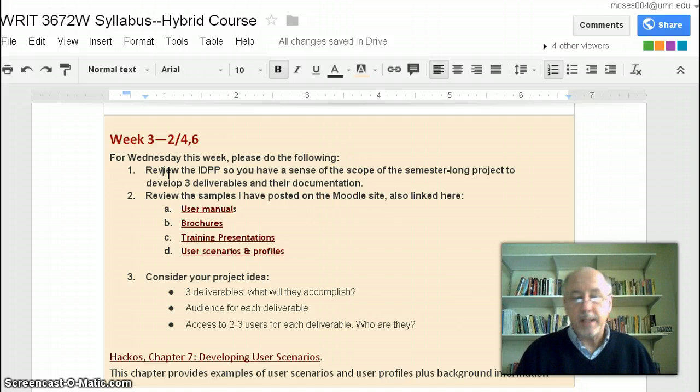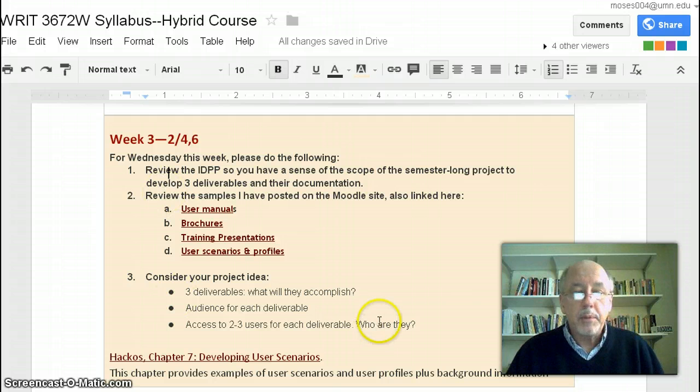We fight against that impulse to dig in and start designing documents, start writing content before you even know what the actual needs are of your readers. And people make all kinds of assumptions that are wrong along those lines. So the whole idea of the user scenarios and profiles is to fight against those assumptions, and to base content on what you know, not on what you think you know.